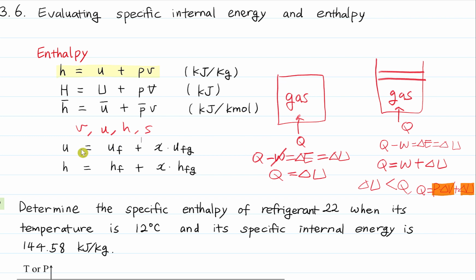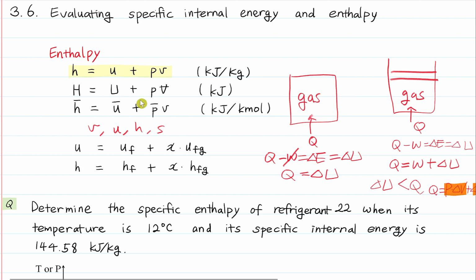So internal energy equals internal energy at saturated liquid state plus quality times the difference in internal energy between the saturated vapor and the saturated liquid. H can be also expressed in the same format.